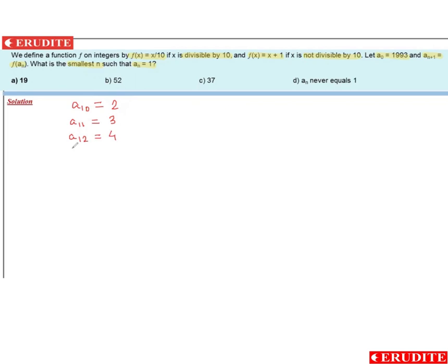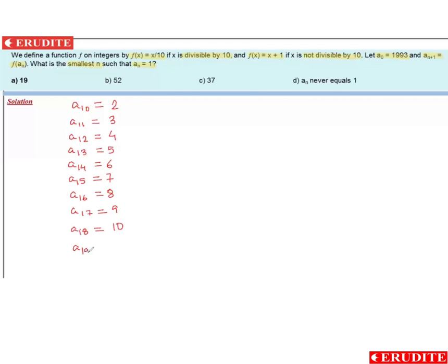So a13 would be 5, a14 would be 6, a15 would be 7, a16 would be 8, a17 would be 9, a18 would be 10. Now this 10, value of a18, is divisible by 10.